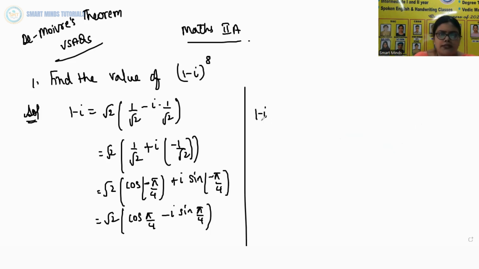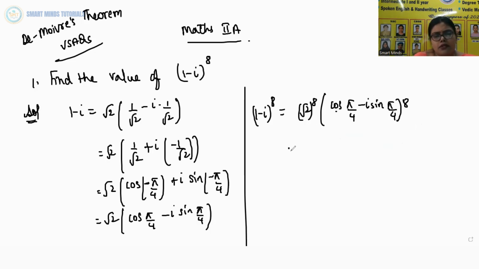So (1 minus i) whole power 8 is equal to root 2 power 8 into (cos pi by 4 minus i sin pi by 4) to the power 8. So root 2 is 2 power 1 by 2 whole power 8 into cos 8 pi by 4 minus i sin 8 pi by 4.